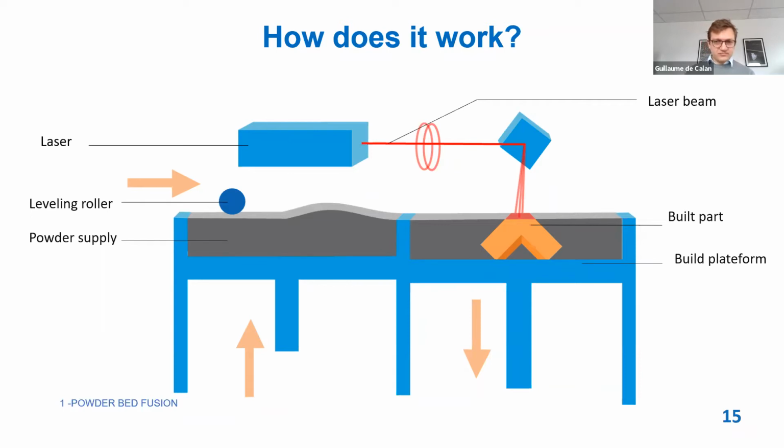You do your layer, and then the build platform will go down. The leveling roller will add another layer of powder, and you repeat.